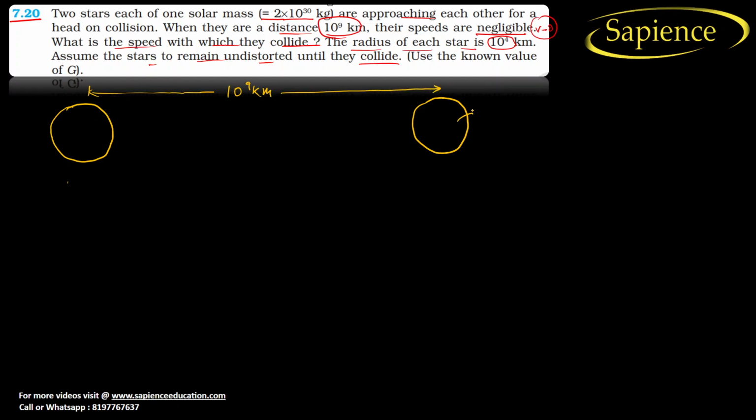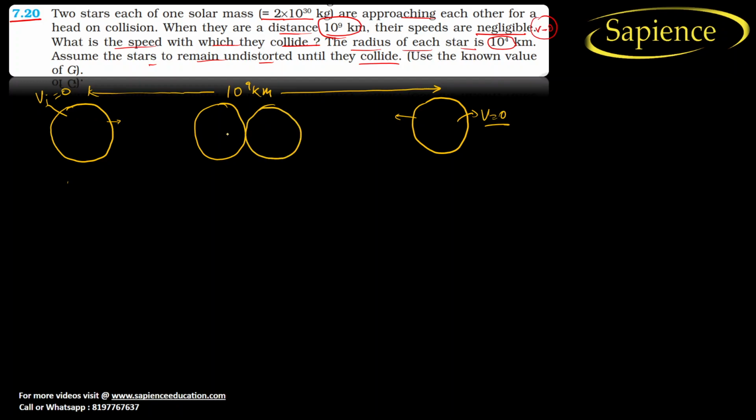Now at this point the initial velocity can be negligible. If the speeds are negligible, what is the speed with which they will collide? So let us consider when they will collide. Slowly when they move in this direction, they will collide like this.